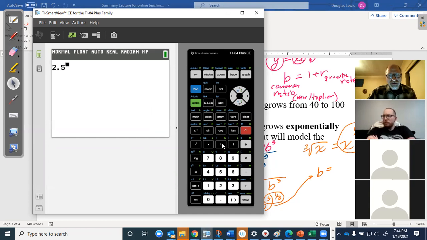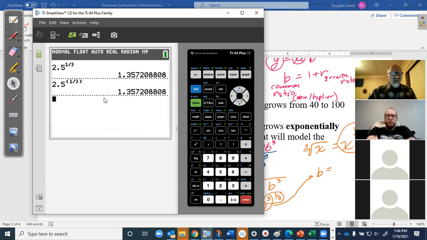So if I put 1 divided by 3 up there, that's all I need to do. But if you don't have a calculator that raises up, you'll have to go 2.5 to a power and then put a parenthesis, 1 divided by 3. So some of you will need to write parentheses around it, and some of you, if your calculator leaves the 1/3 up in the exponent, you won't need the parentheses. But in either case, you should be getting 1.357208808.